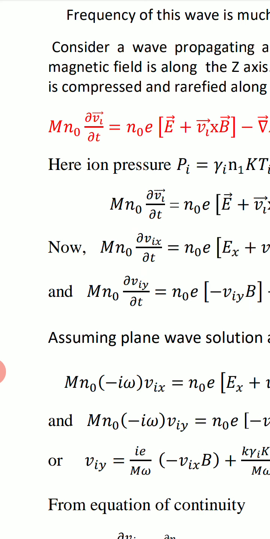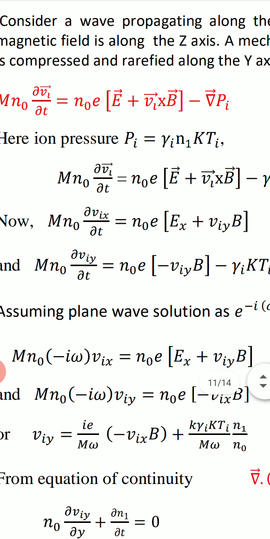If we multiply by capital M, mass of each ion, then M into N0 represents the mass of ions per unit volume, and multiplied by dV1 upon dt, it represents force per unit volume. Mass into acceleration is force, but mass is per unit volume. So left hand side will represent the force on ions per unit volume.